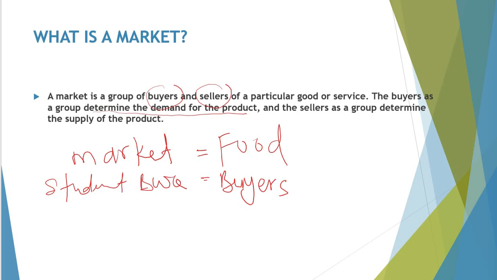Okay, who is the seller in this food market? The seller should be, I do not know whether you know this restaurant, this cafe, but you can go to Noraini Burger, I think, the name of one of the vendors at the campus cafe.